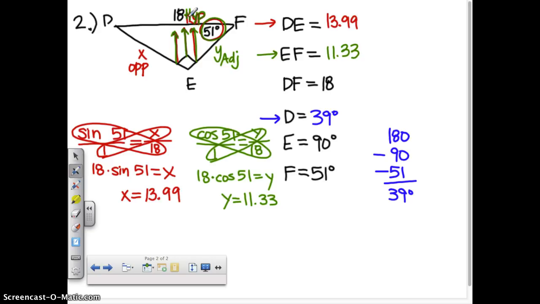This problem is very similar to questions 5, 6, 7, and 9. So if you are stuck on those, go back and think about what we did here. Okay? Refer back. Look at the different options. If you wrote them in color, great.